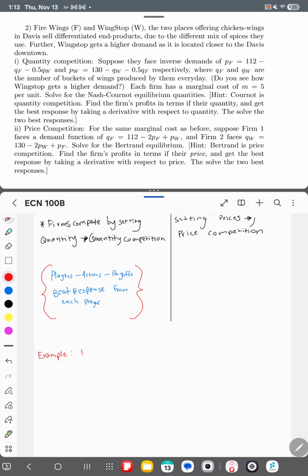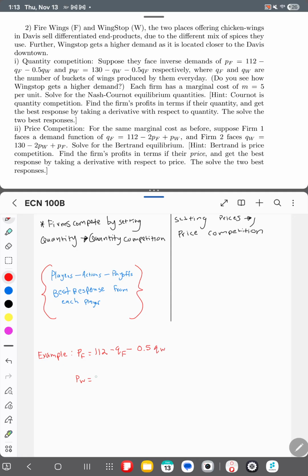The demand for Firewings would be PF and the demand for Wingstop would be PW. Firewings demand is PF = 112 - QF - 0.5 QW. It's easier if it's 0.5. And then for Wingstop, let me just write it down. This is how the demand curves look like.